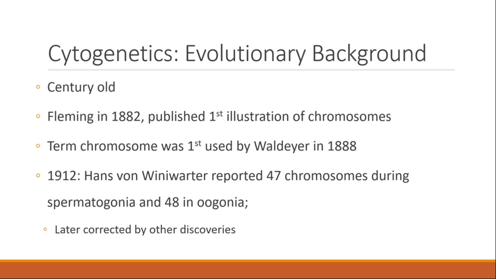Then in 1912, Hans von Winiwarter reported different chromosomal numbers during spermatogonia and oogonia: 47 chromosomes were observed during spermatogonia and 48 during oogonia. Later there were different discoveries saying this was incorrect, but he was the first person who reported it altogether.